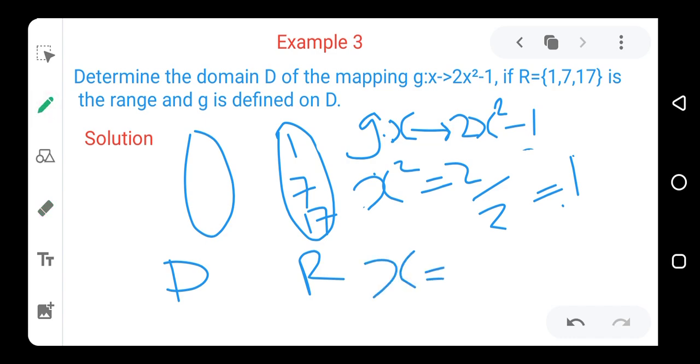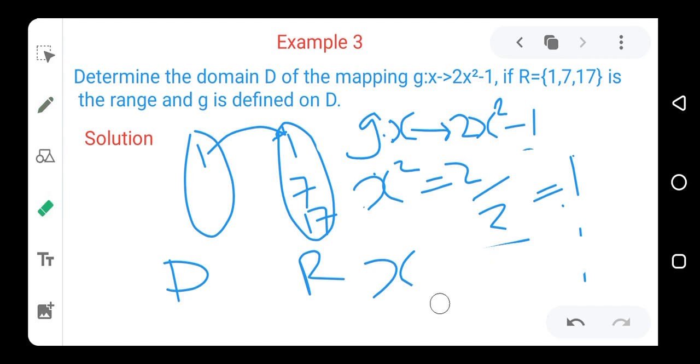X is equal to root 1, which gives us 1. So we have 1 here. So it is 1 that gives us the image 1 in the codomain.